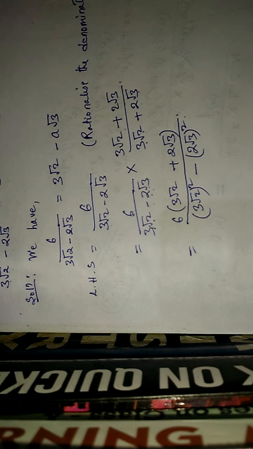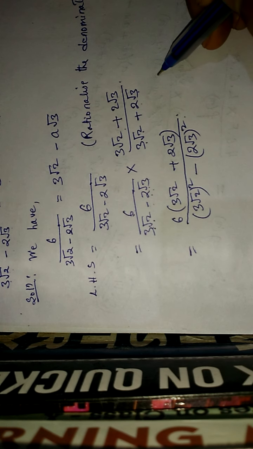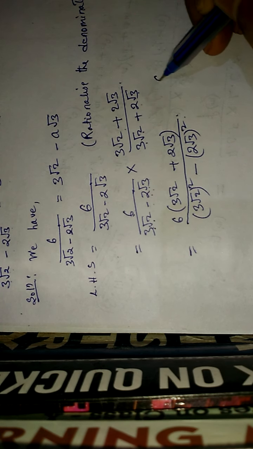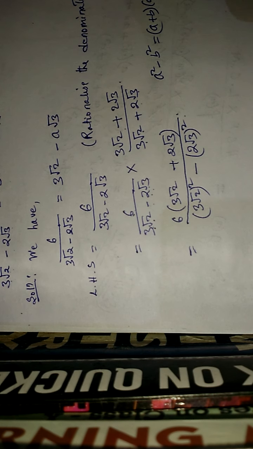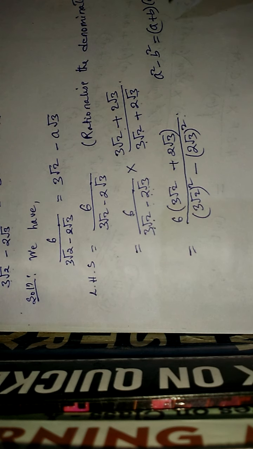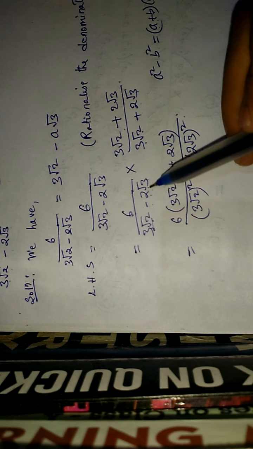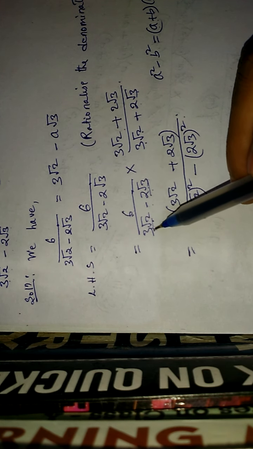Okay, in algebra we have a square minus b square is equal to a plus b, a minus b. Here a is 3 root 2, and here also 3 root 2, that means a and a are the same.